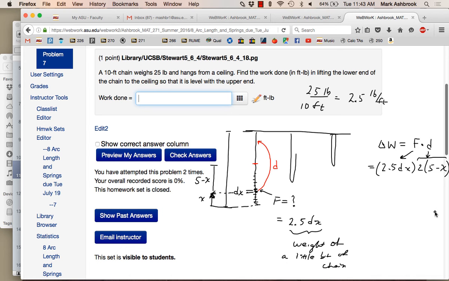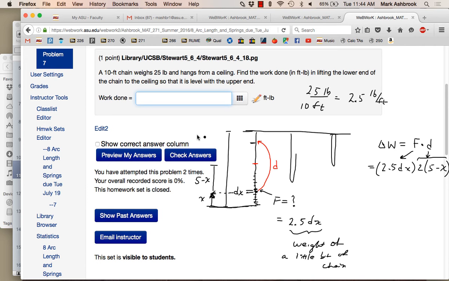Yeah. Why'd you do 5 minus x? Okay, because this little bit of chain is basically going to go to its symmetric spot up here, right? Yeah. So I set my frame of reference from the bottom of the chain as x. And so the whole chain is 10 feet long, right?